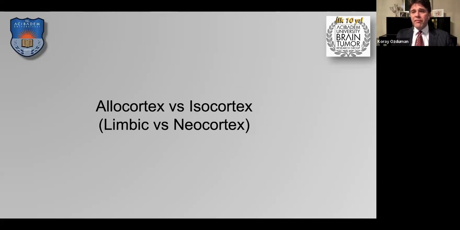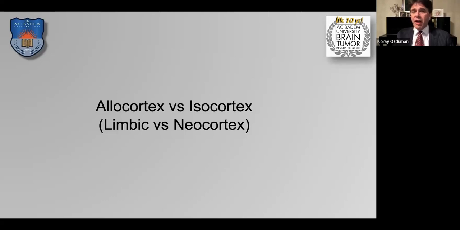In the old days, we used to call these paleo and archicortex, which made up the limbic part, and the neocortex. But it's a better nomenclature to call the neocortical part the isocortex, and the paleo and archicortical portions of the limbic system the allocortex. So you should basically divide the cortex into these two parts, the allocortex and the isocortex.